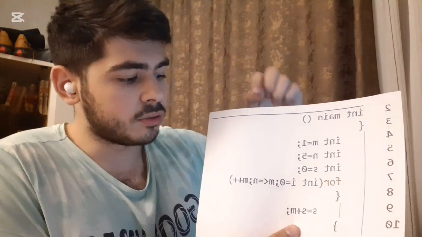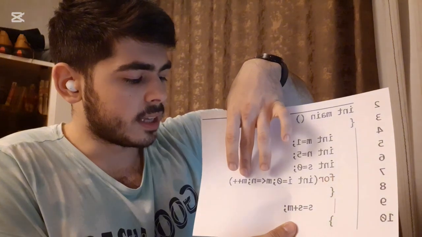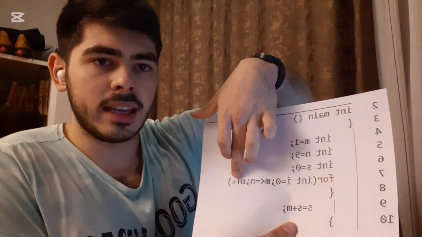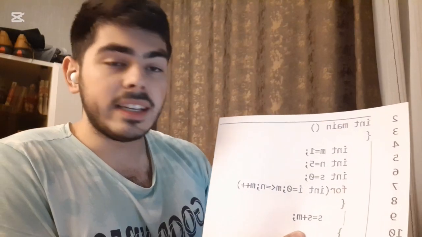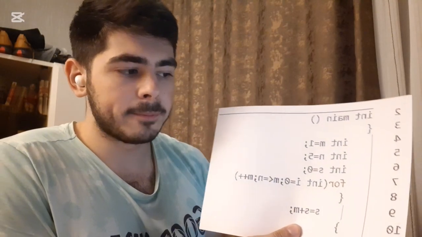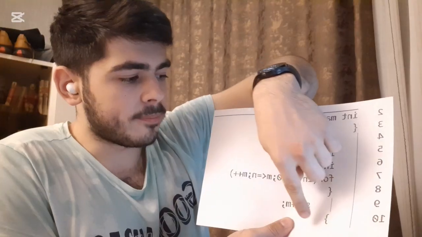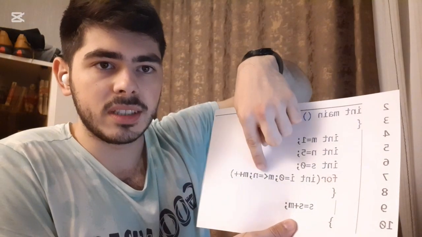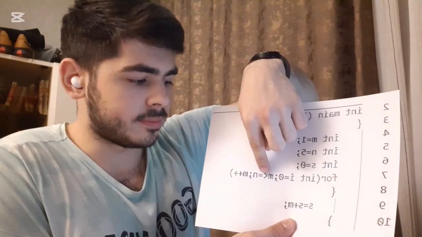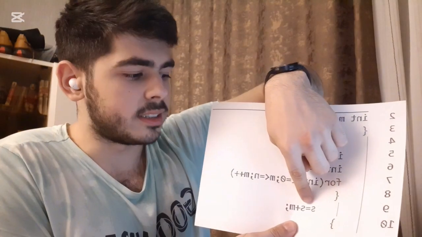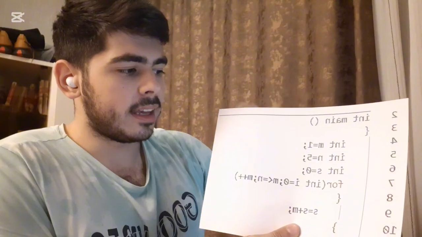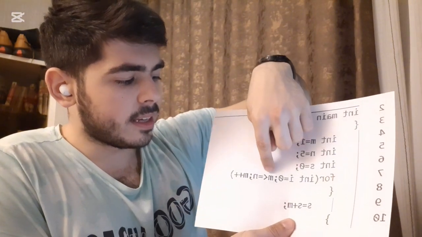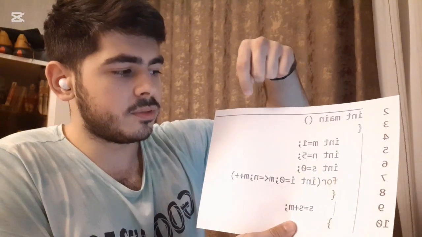The next step is to add 1 to m, to increase m by 1. And after that, we need to come back to the for loop. Then we again need to compare. If this statement is true, we need to do this command, and after that add 1 to m, and so on, until m will be more than n.